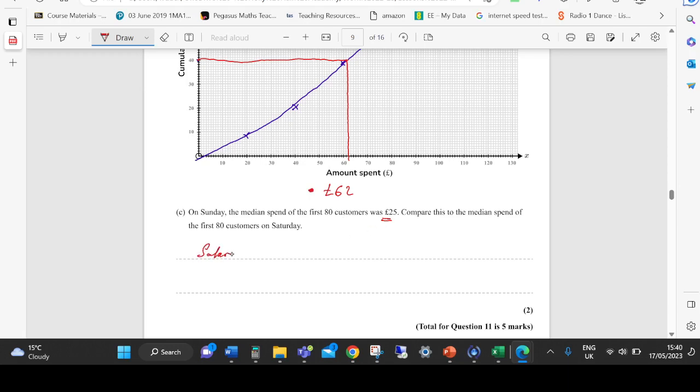Saturday's median is much higher. And then I'll quote the figures, £62 versus £25.